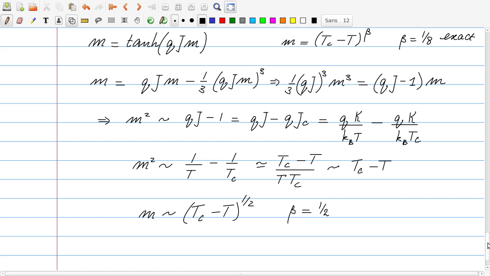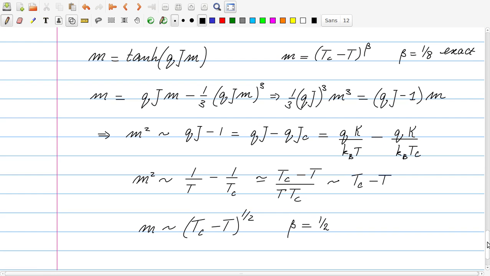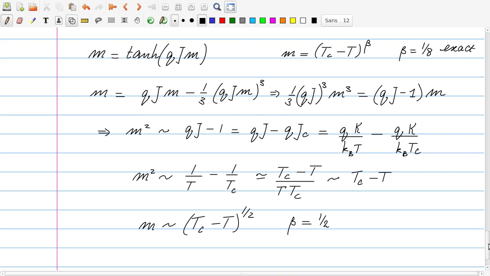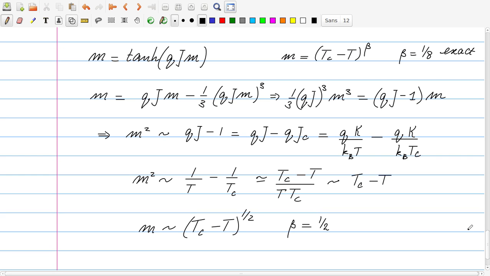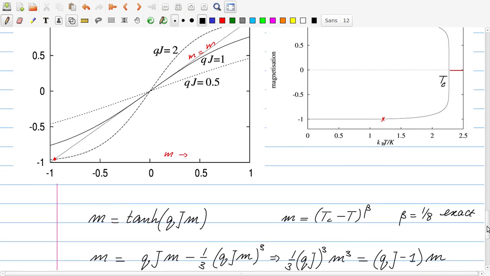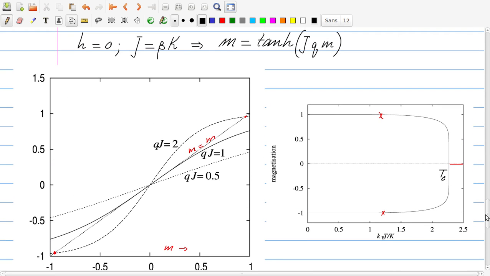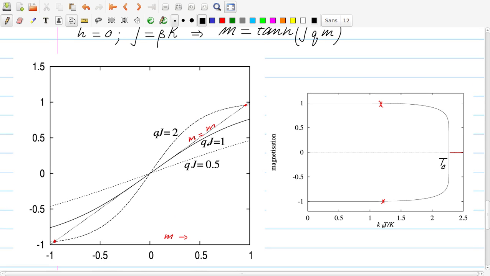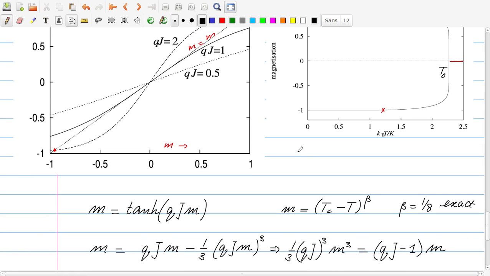By the way, in case you may have been confused so far, the beta here is a critical exponent and you should not confuse it with 1 over kT. So this beta is just a number. We see, by the way, that the critical phase transition in this case always occurs at qJ equal to 1, and therefore we see that the J critical is 1 over q, and that's 1 over 4 in the case of the 2D square lattice.